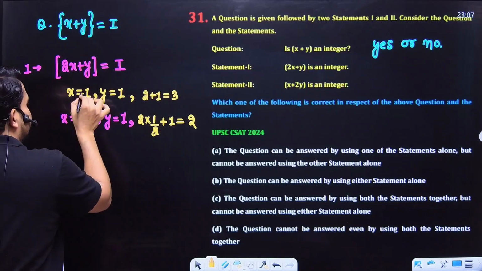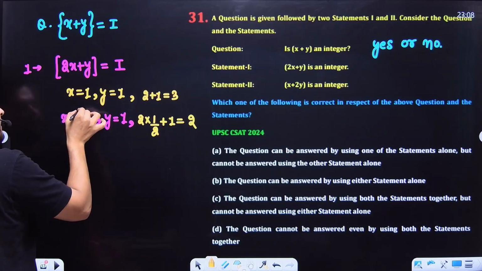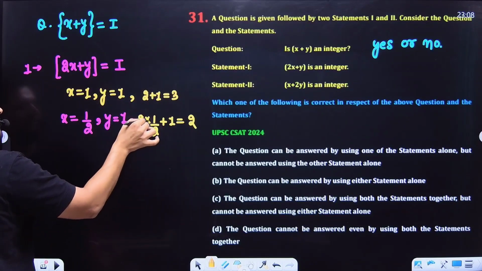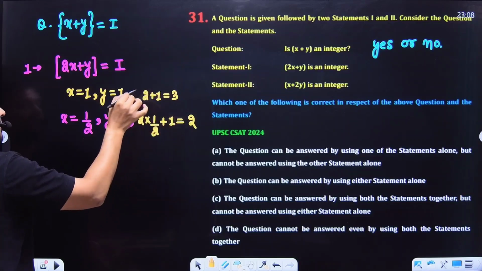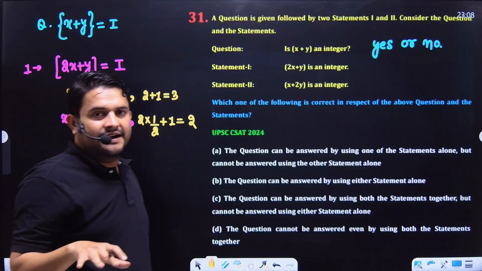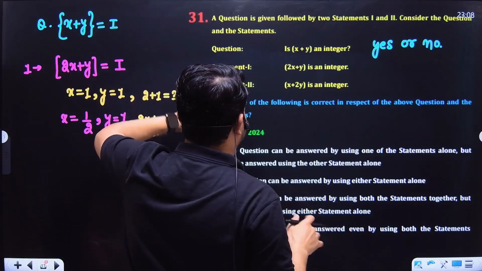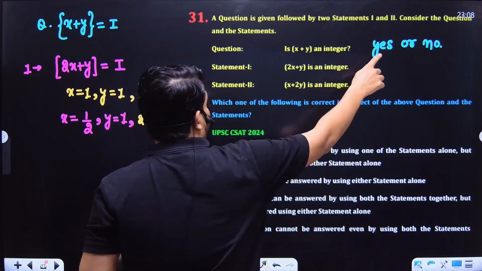So the statement gives me an integer for x equal to 1 by 2, y equal to 1. But then x plus y, 1 by 2 plus 1, is equal to 3 by 2, not an integer. So here my answer will be no.